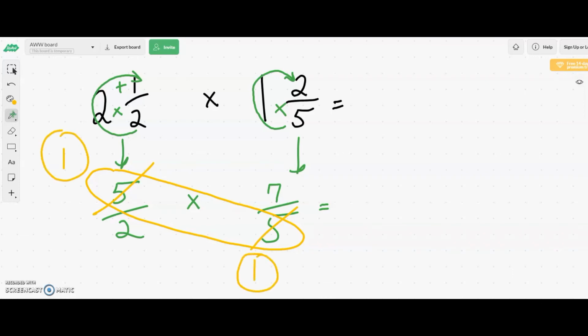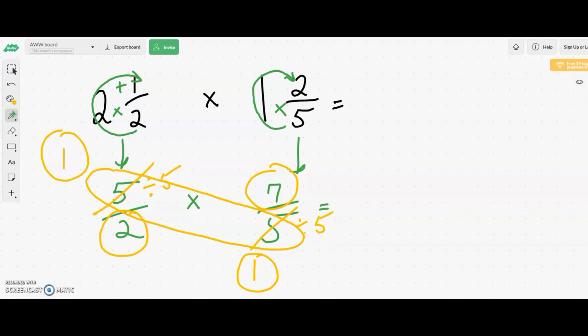You're going to say, well, why? Because you can divide both these numbers by itself. 5 divided by 5 is 1. 5 divided by 5 is 1. Now, when we look at 2 and 7, there is no relationship between them. We can't do anything to 2 that we can then do to 7 to make it smaller. So you're going to be stuck with the 7 and the 2.